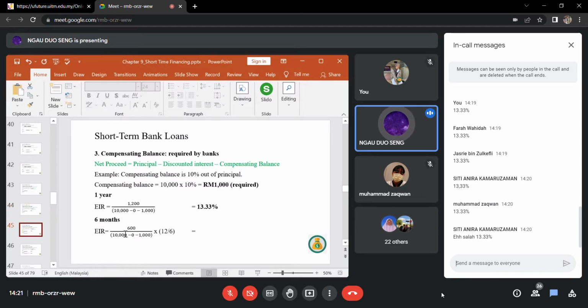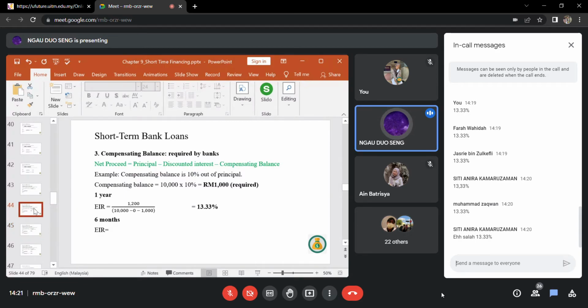So 6 months here, again, this one adalah 600. But belakang adalah 12 bahagi dengan 6. Right, this one is 6 months. Kenapa 12/6? Because this one adalah 6 months. Yang atas actually 1 year is 12 bahagi dengan 12.